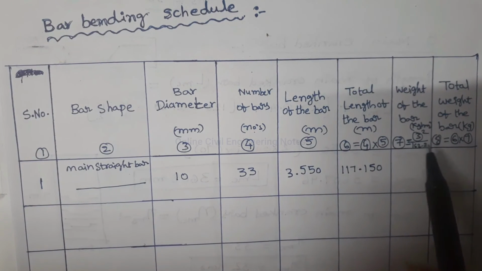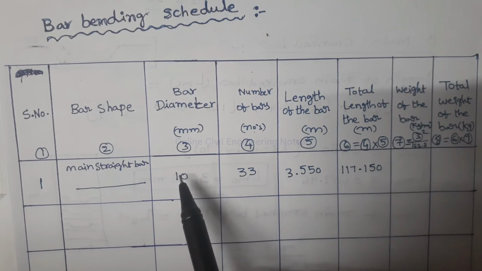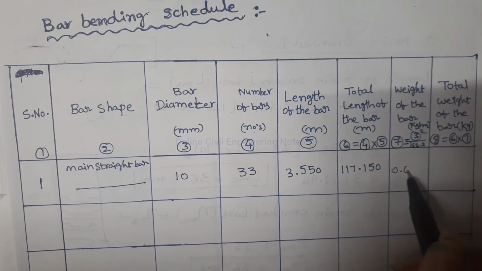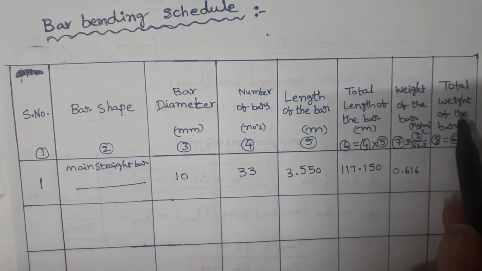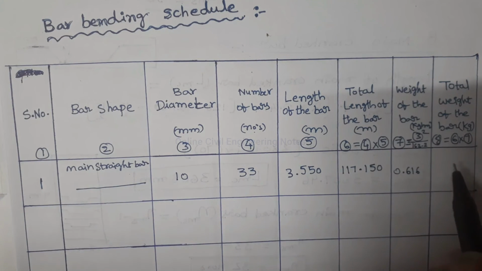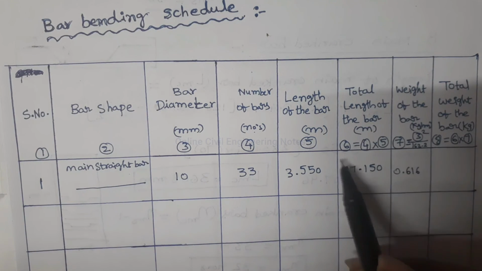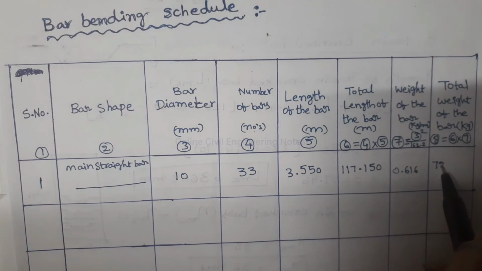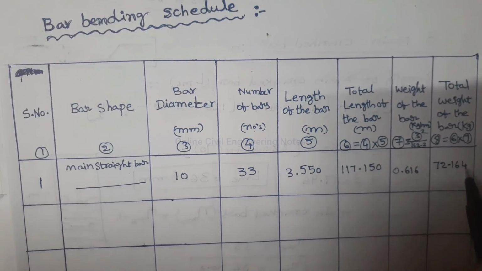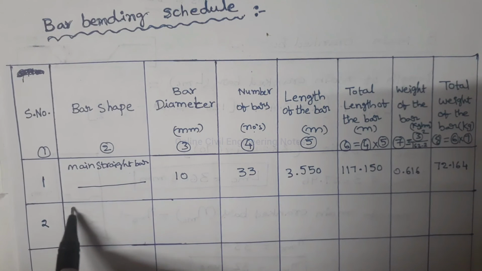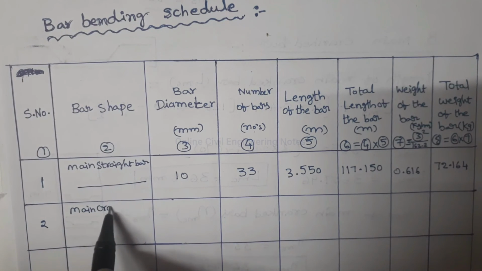Weight of the bar is equal to dia of bar whole square divided by 162.2, 0.616. Total weight is equal to total length of the bar into weight of the bar. 8th column is equal to 6th column into 7th column. Value 72.164 kg.